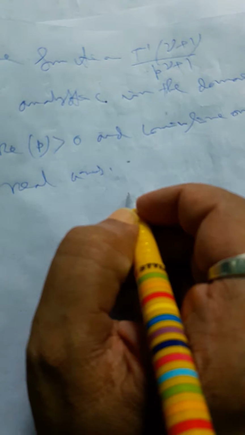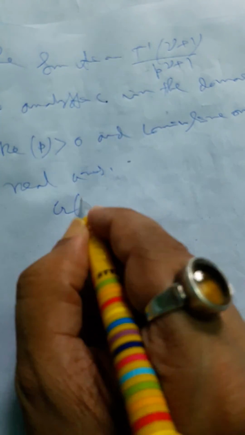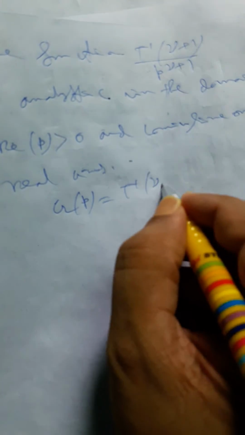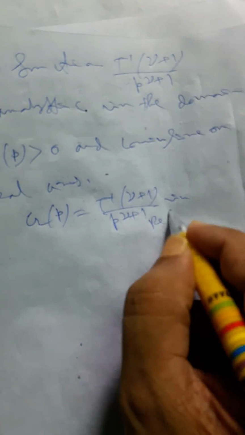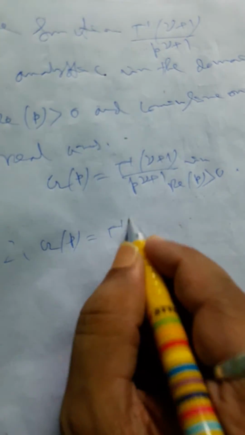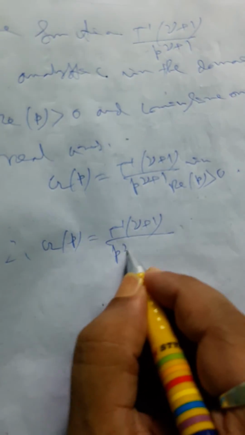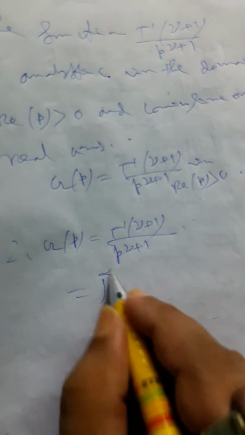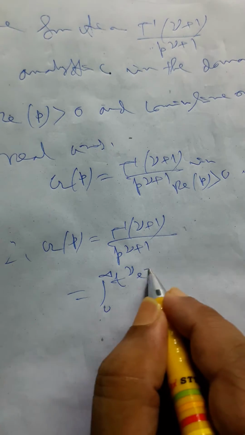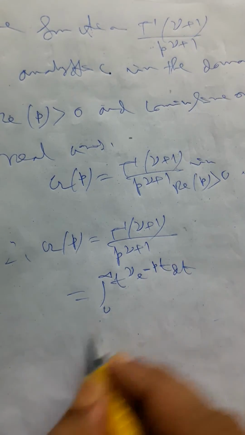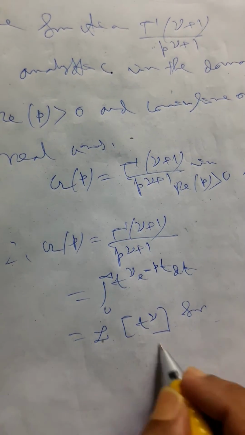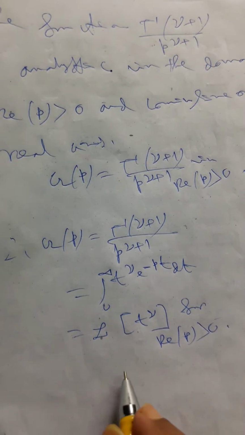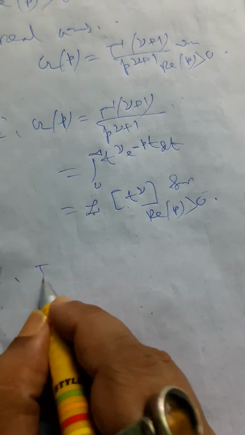So by the uniqueness property, G(p) must equal gamma of gamma plus 1 by p to the power gamma plus 1 for real p greater than 0. Therefore G(p) is equal to the integral from 0 to infinity of t to the power gamma e to the power minus pt dt, which is the Laplace transform of t to the power gamma.